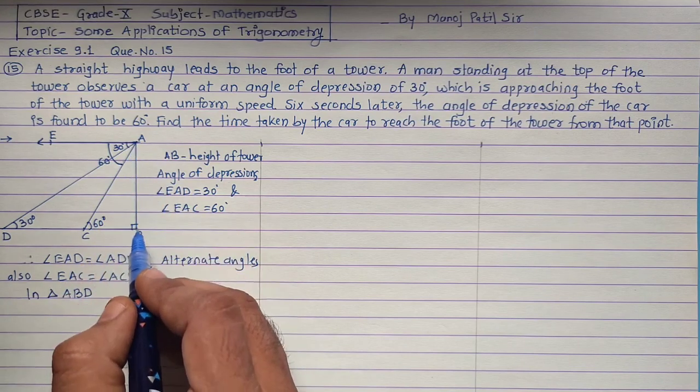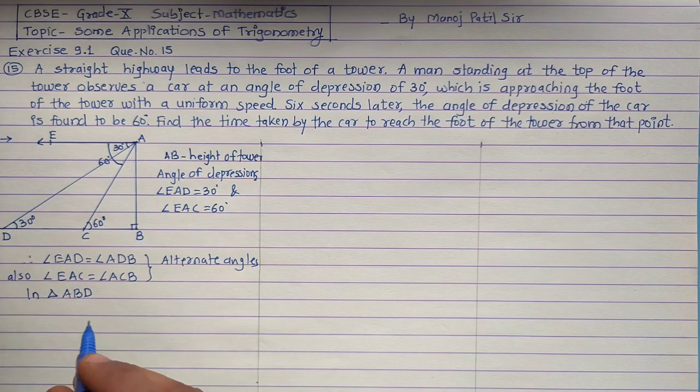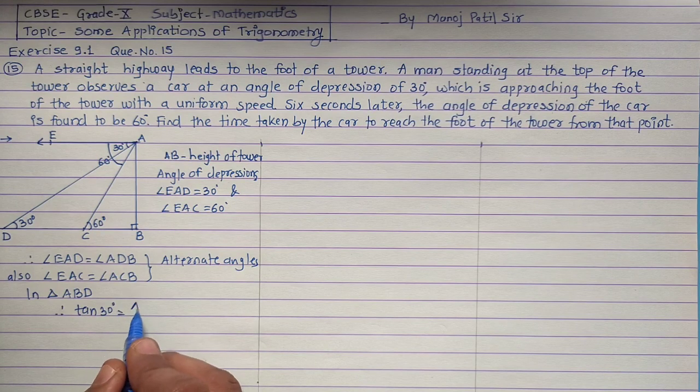In triangle ABD, angle D is 30 degrees, and therefore we'll use the tan ratio: tan 30 degrees is equal to the opposite side upon the adjacent side, AB upon BD. And we know that tan 30 is 1 upon root 3. So 1 upon root 3 is equal to AB upon BD.